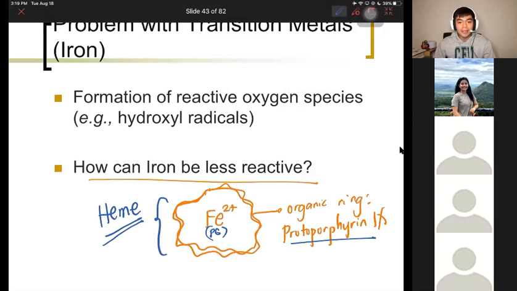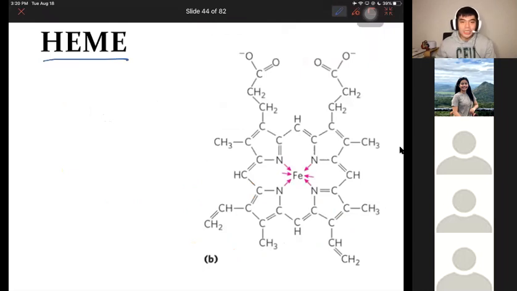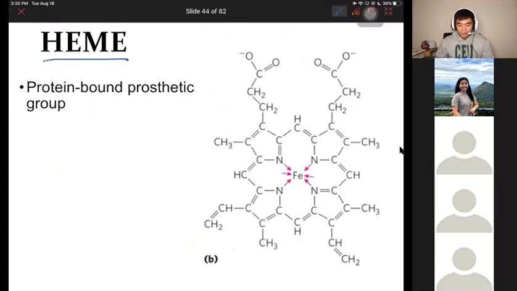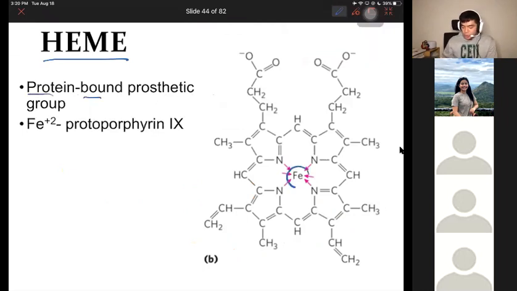Tama? And then the proteins themselves, sila ang magta-transport. Kaya may tinatawag tayong heme. So heme is a protein-bound prosthetic group wherein at the center, we can see iron in its anong state? Ferrous state. Okay?